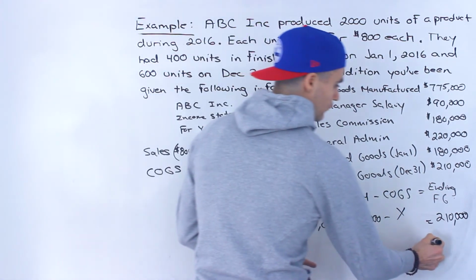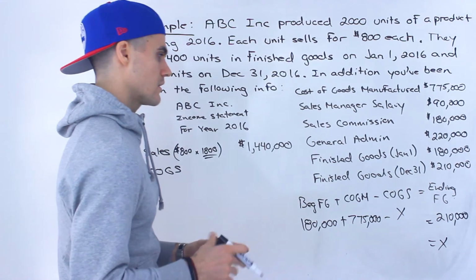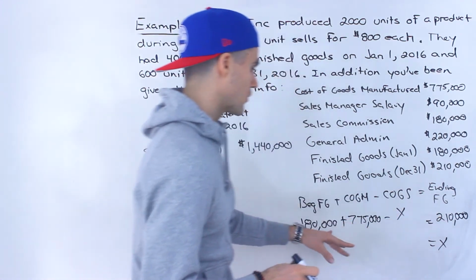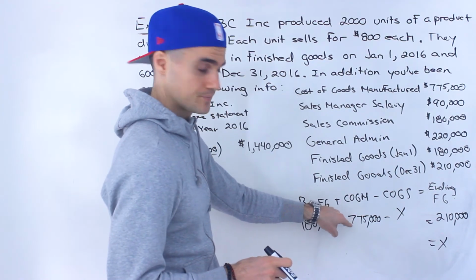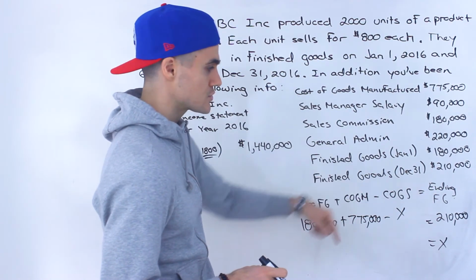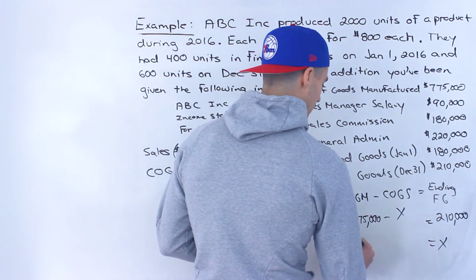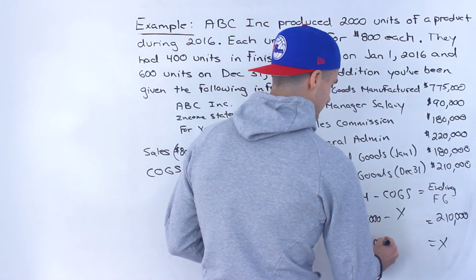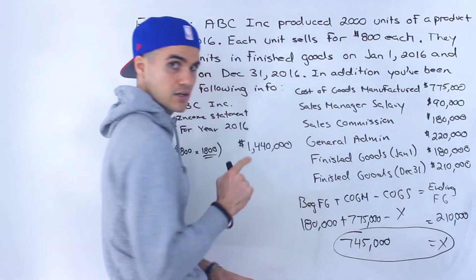And now we've got to solve for this x, which is going to be the cost of goods sold in this case. Okay, so we bring this over, and when we net everything out, 180K plus 775K minus 210K would end up giving us 745,000. Like that. So this here is the cost of goods sold.